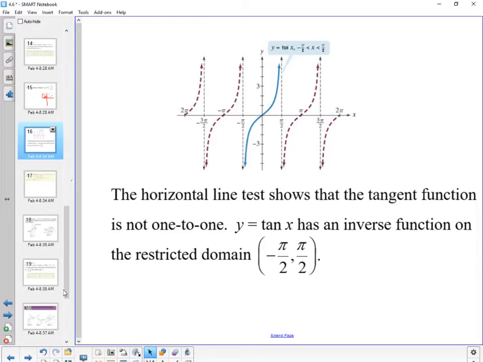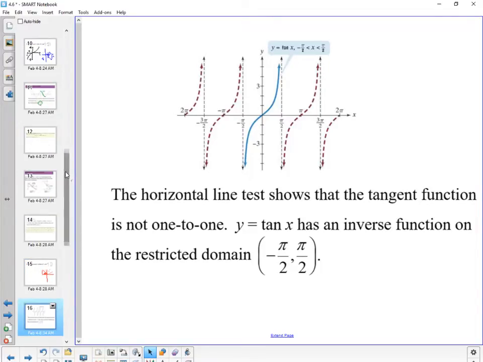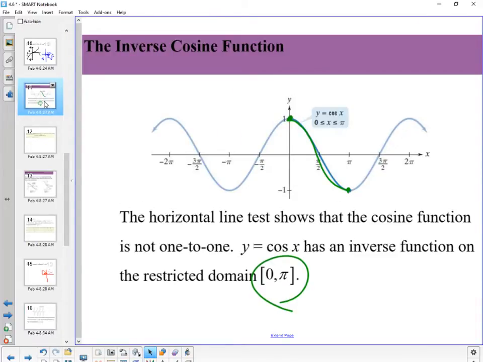So if you think about it, here's the cosine one. It's got to become 1 to 1 at some point, right? If I picked negative half to half, it wouldn't work, right? See how those two y's repeat? Could I pass the horizontal line test if I picked that green piece?